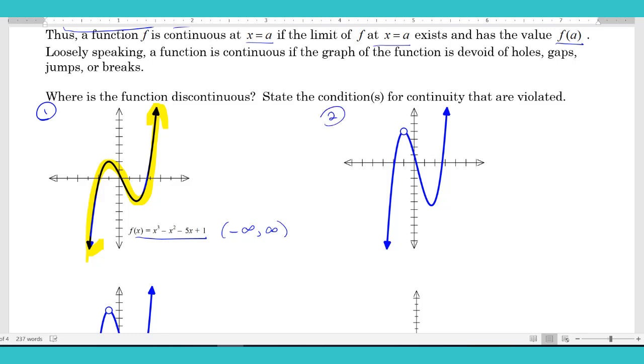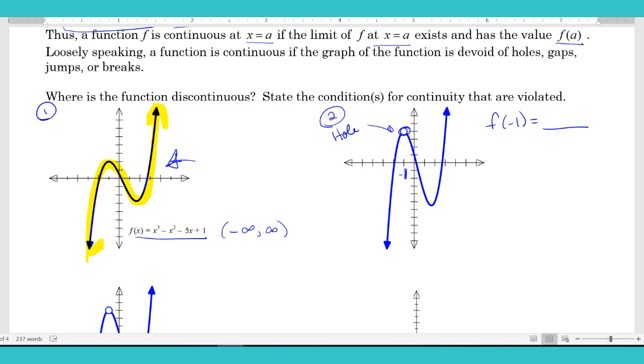But let's look at the second one. Very similar to this graph, except there's a big hole. So it's definitely not continuous, but where is that hole? Let's go through those conditions. It looks like this has a value of -1. So the first thing I ask myself is, is the function defined at x equals -1, as in, is there a y value?